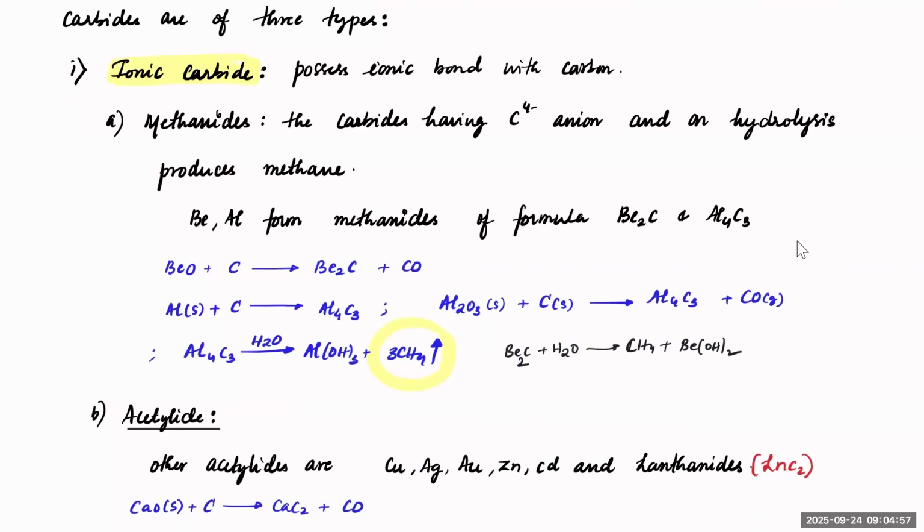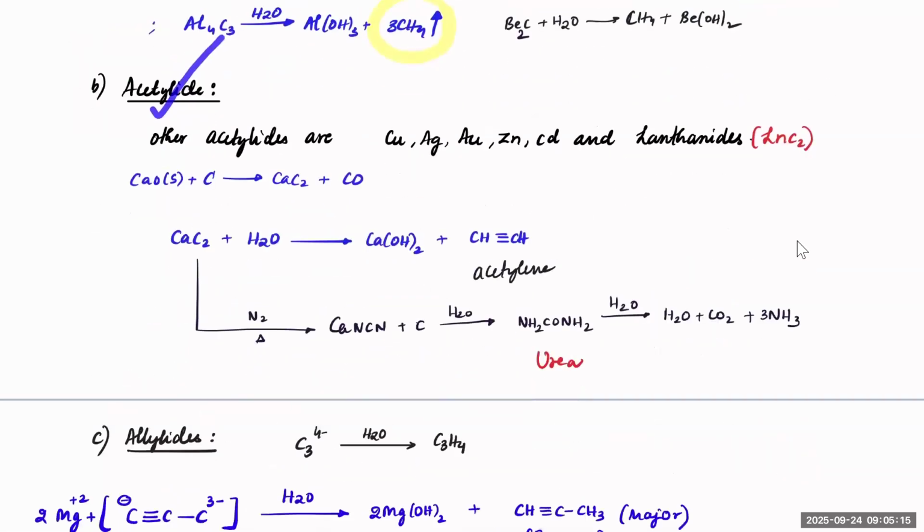See, there are three types of carbides: ionic carbide, covalent carbide, and metallic carbide. Ionic carbide possesses an ionic bond with carbon, and these ionic carbides are of three kinds: methanides, acetylides, and propanides or allylides. Propanides are also called allylides.